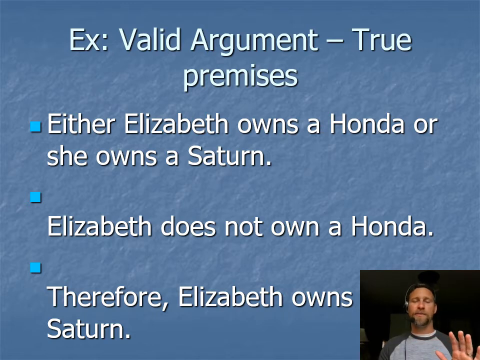So regardless whether the first premise, either Elizabeth owns a Honda or she owns a Saturn, is true. What if she owns a Dodge or something? That is immaterial. Don't worry about truth or falsity. The only thing we have to be concerned with is look at that conclusion. Given the premises, can we reach that conclusion? And the answer here is absolutely yes. We can reach the conclusion given the premises. Truth or falsity don't matter.